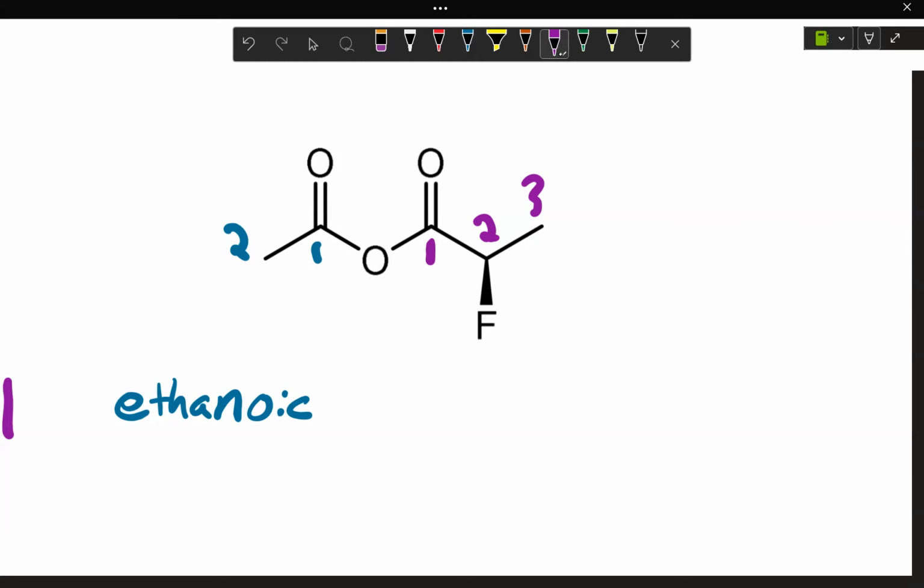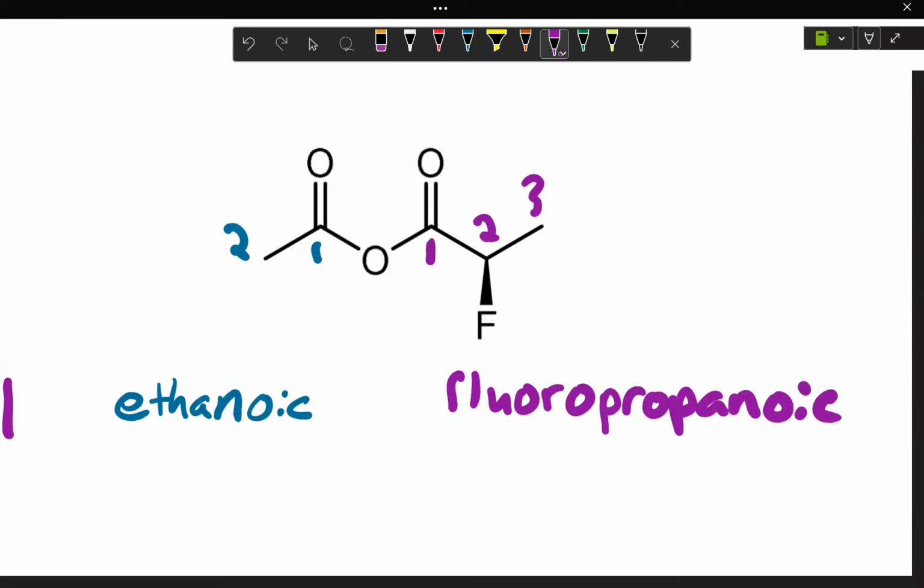For the right, we have 3. So we can put prop, no alkenes or alkynes. So propan, and then we end it in -oic, like I just talked about. We have a substituent on carbon 2. We have a fluoro group, so we're going to want to include that in the name as well. And it's on carbon 2.